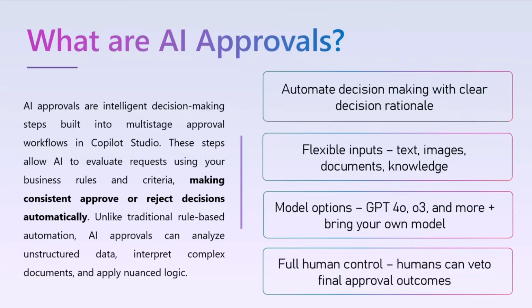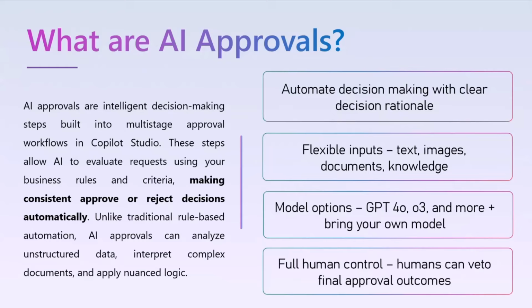And then, based on those approval decisions, you can make decisions in your organization. But now, instead of having every single approval go to a human stage where a human is making decisions, you can have it go to an AI stage where AI is making a decision. So this brings together human and AI collaboration.